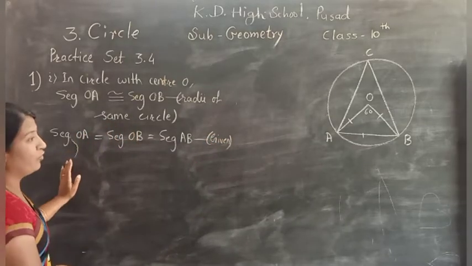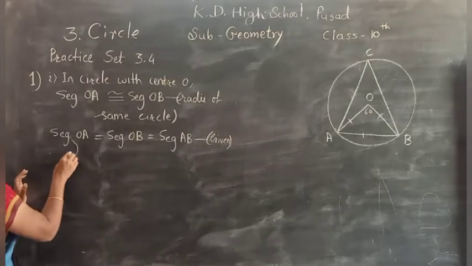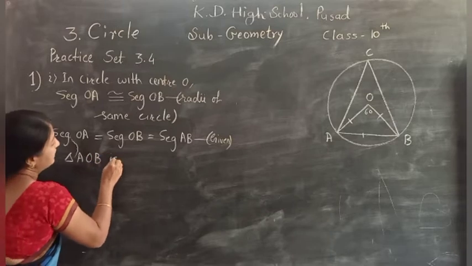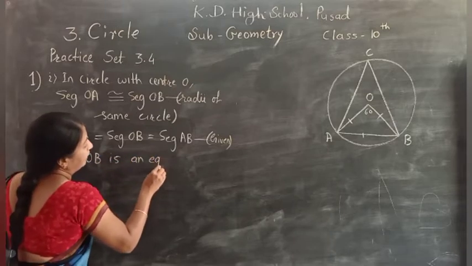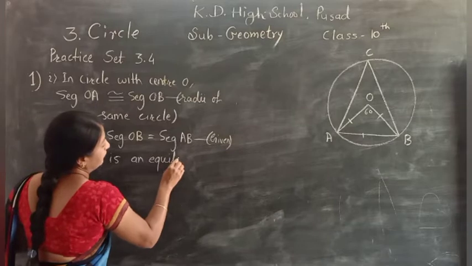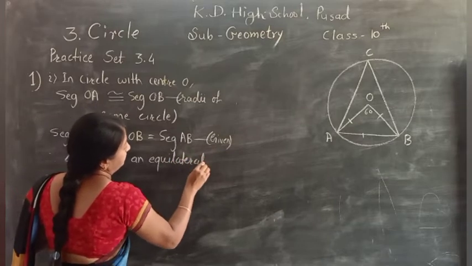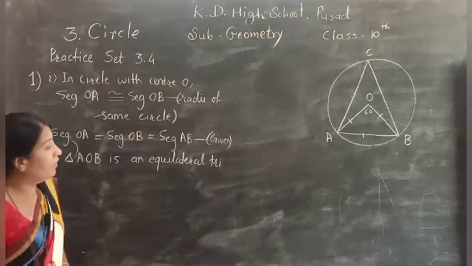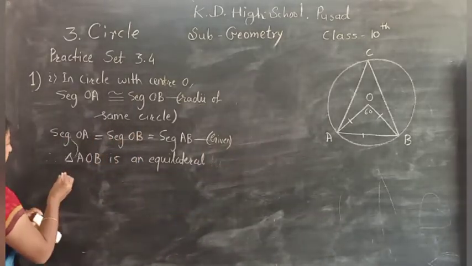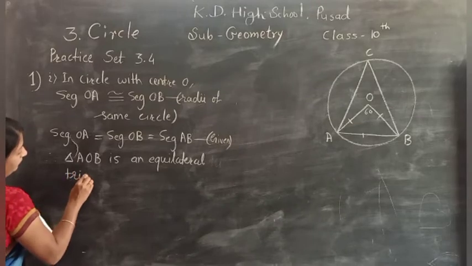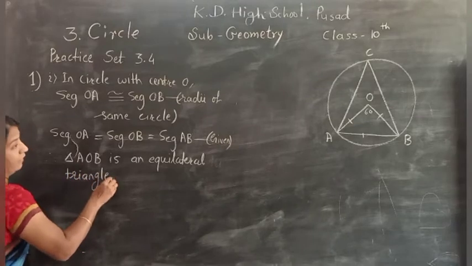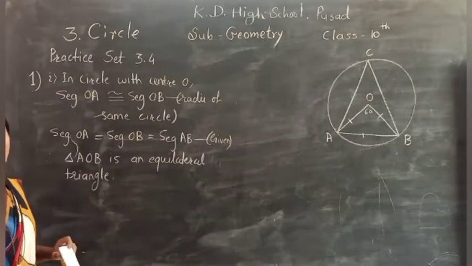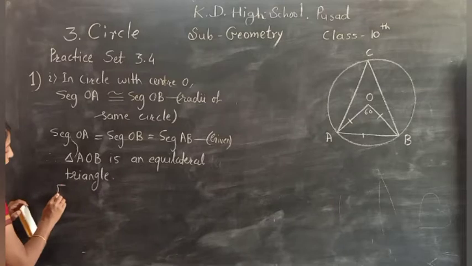Therefore triangle AOB is an equilateral triangle. Very clear. Now equilateral triangle is an equiangular triangle.